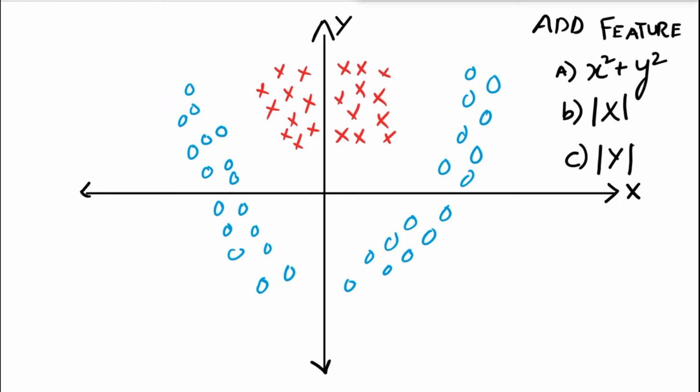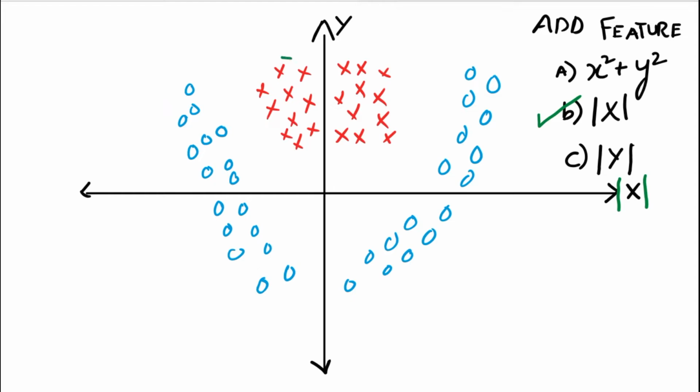The answer is the absolute value of x, and I can prove it to you. If you were to show the absolute value of x, it can't be negative, as I said before. And all the points here get moved from the negative side to the positive side.